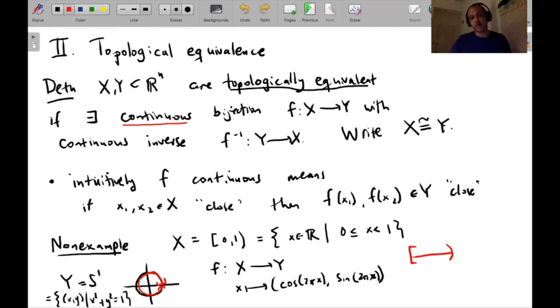So this map is continuous, is a bijection, but here f inverse is not continuous, which you can see because points just above or just below the positive x-axis on the circle go to different places. Some go over here and some go over here, so they're not close.